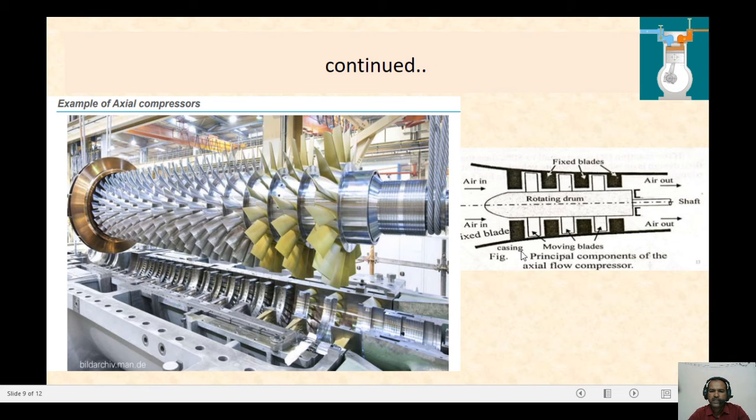Also, if you see, the design of the axial flow compressor is the same as a diffuser. How is a diffuser? A diffuser at one side has a larger area, and on the other side it has a minimum area. So when the air flows inside the diffuser, from the maximum area through to the minimum area, the pressure will increase.